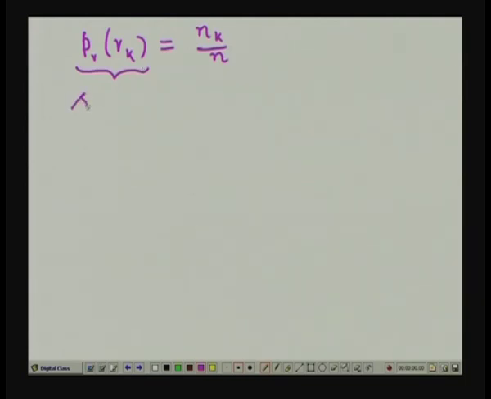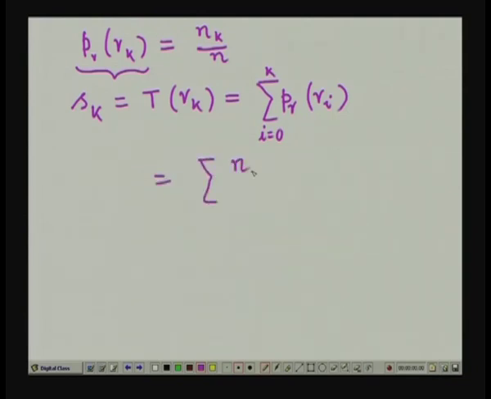And so, we will get s_k, which is given by T(r_k), and this T(r_k) now is the cumulative distribution function, which is the sum of P_R(r_i), where i will vary from 0 to k, and this is nothing but the sum of n_i by n, where i will vary from 0 to k.